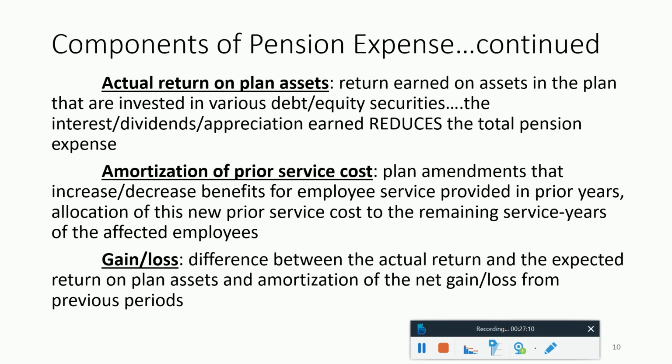But for companies, what they do is they calculate an expected return, again, to kind of smooth out their pension expense over time. And then the difference between what was expected and what was actual gets recorded into OCI, and then we amortize that difference over time back into pension expense. We'll go through that in more detail in just a minute.